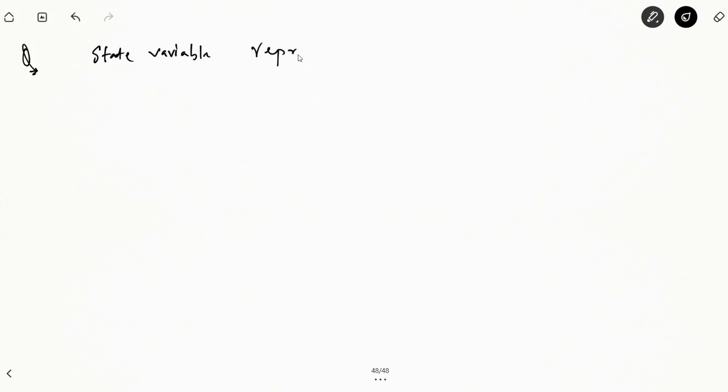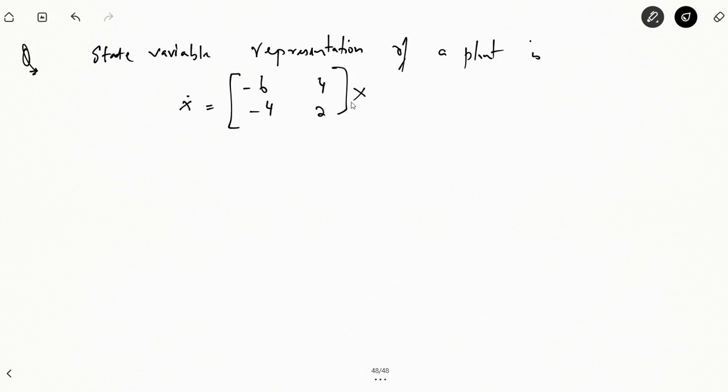You have been given a system whose state space model, the state variable representation of the plant, is x dot equal to [-6 -4; 4 2] times x plus [4; -7] times u, and y is equal to [1 -1] times x. Okay, so this is your system.